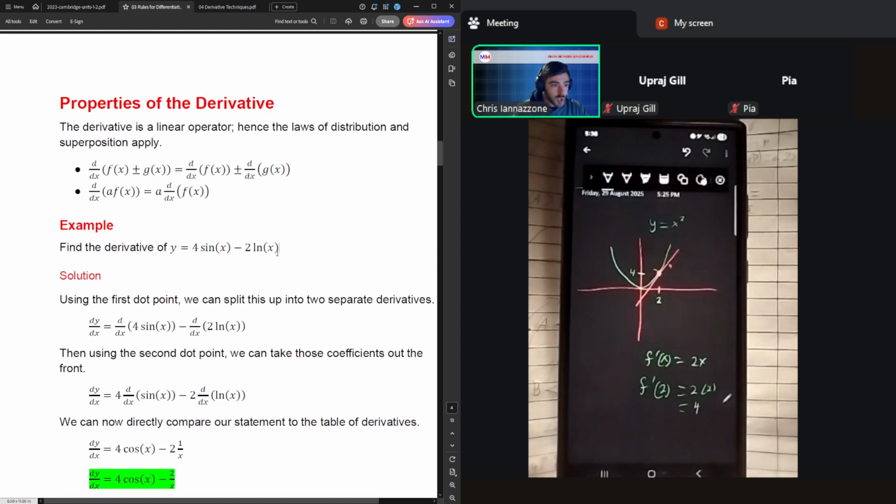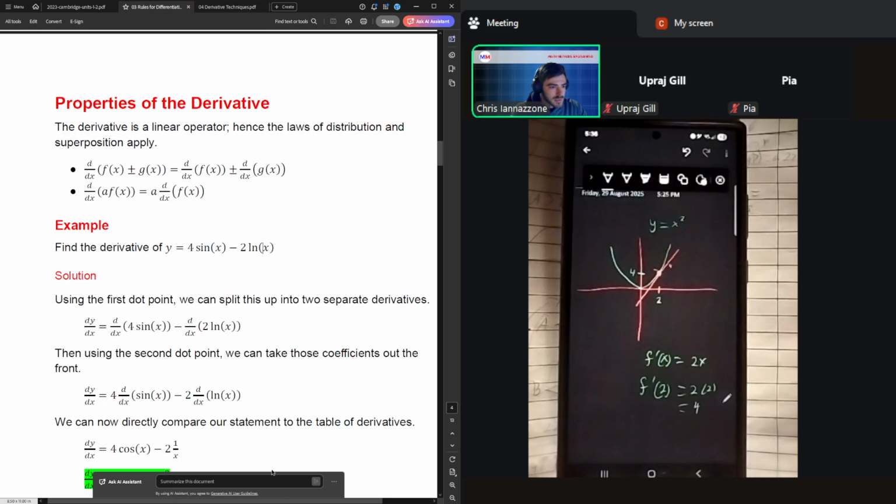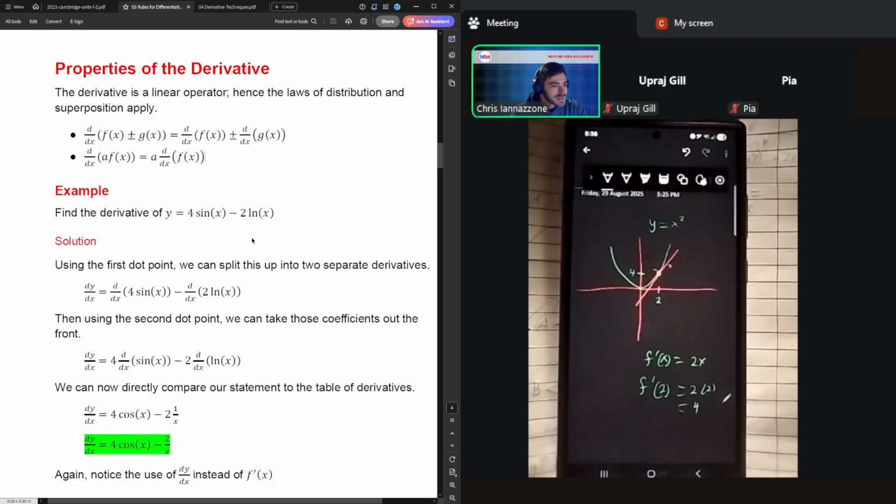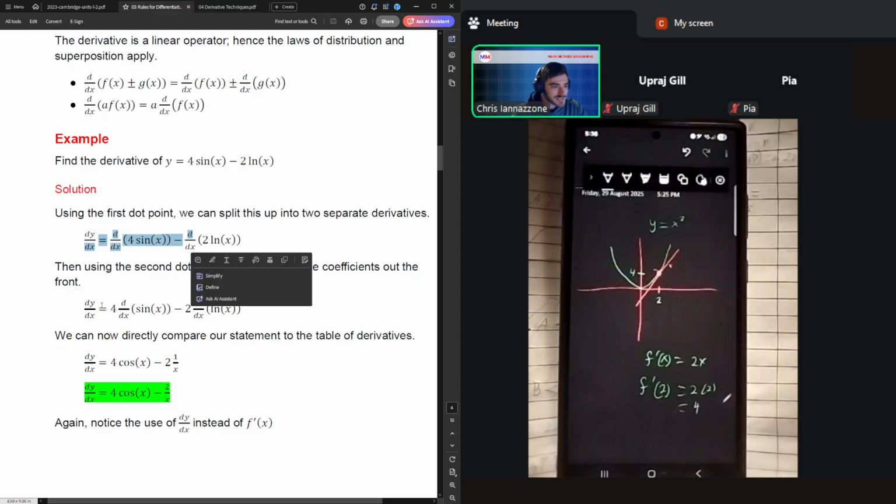How to do more complicated ones, you essentially do them separately. So we have this big function that has both a sine and a natural log in it. You're essentially using these properties to split things up. Now, as you get more and more familiar with what's going on, you don't go into this much detail to do the derivative. You would just go straight into it and do it off the bat.